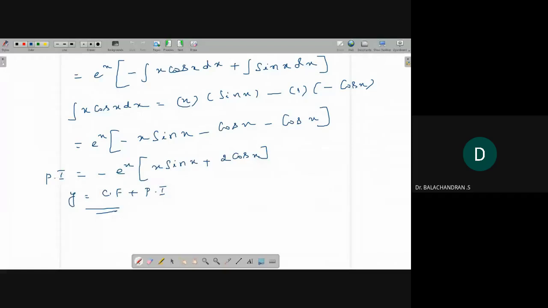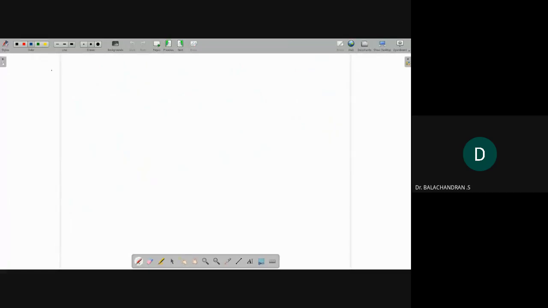The second column, d square minus 4d plus 4 into y equal to 8x square e power 2x into sine 2x.